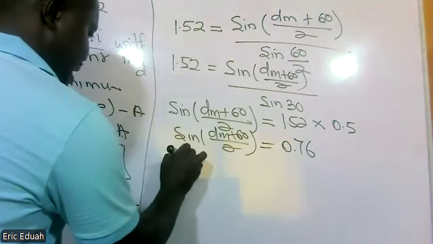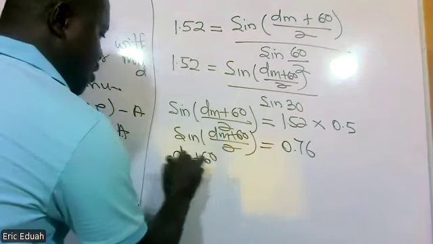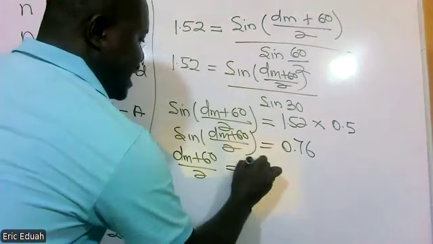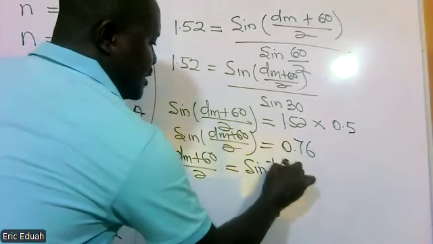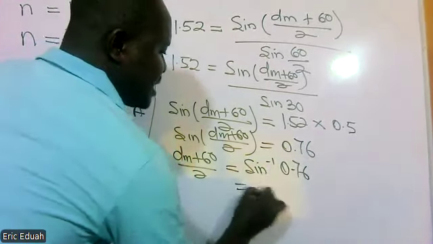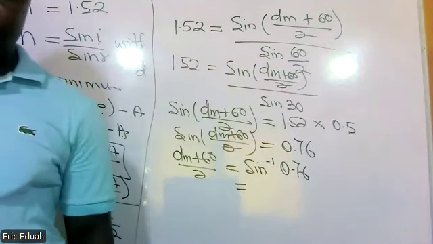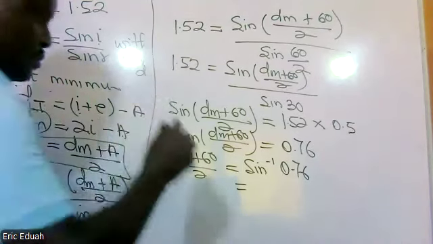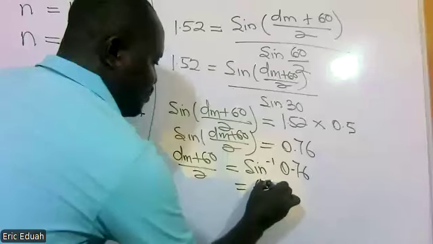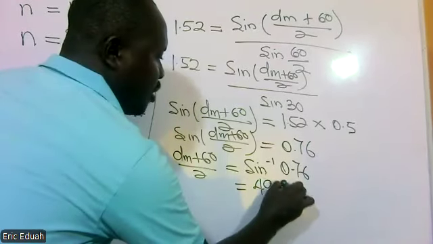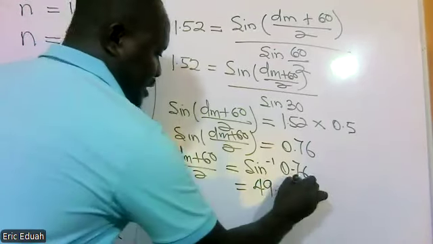So we have (dm plus 60) all on 2 equal to sine inverse of 0.76. And what's the sine inverse of 0.76? 49.464.